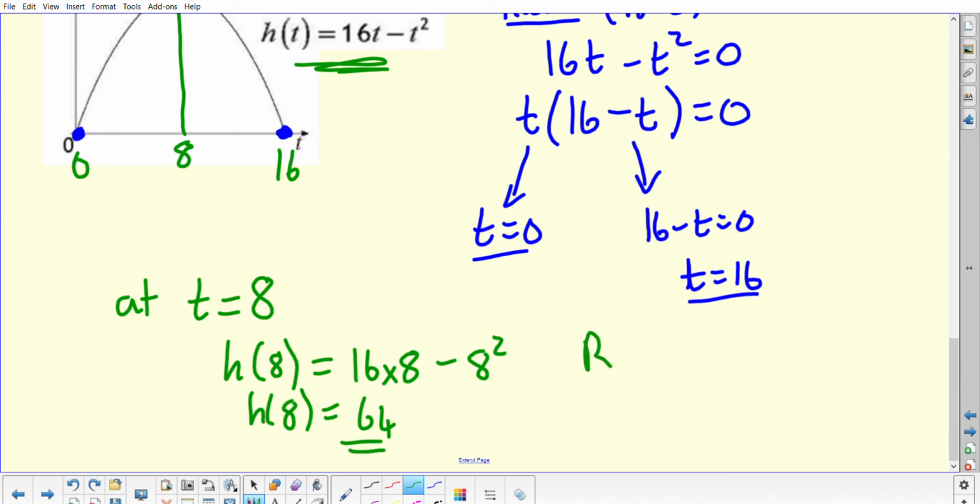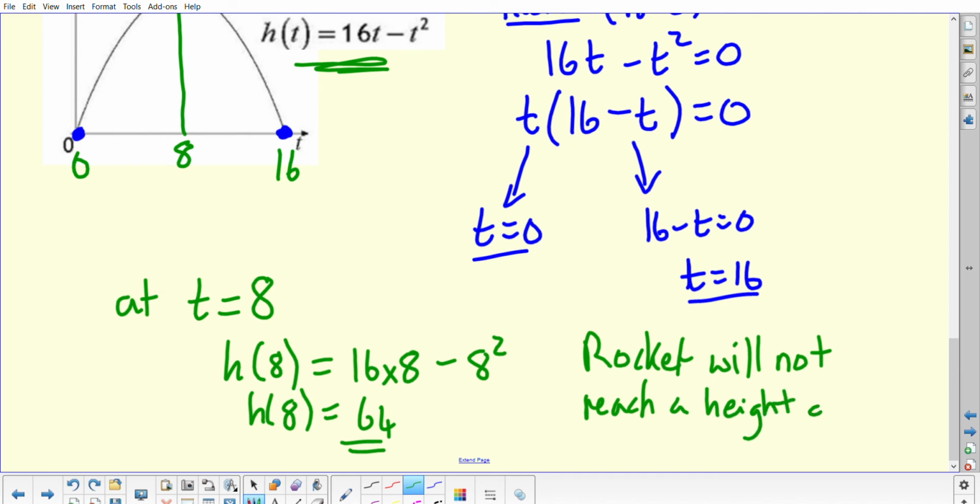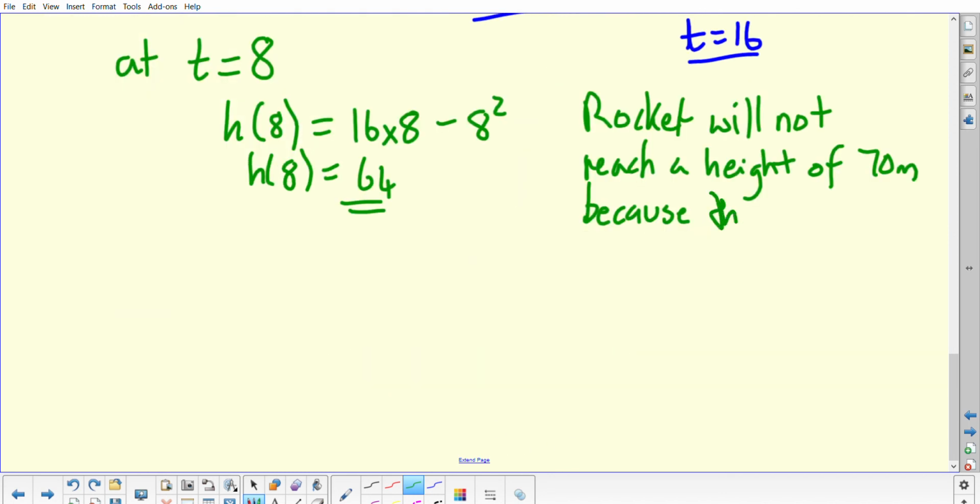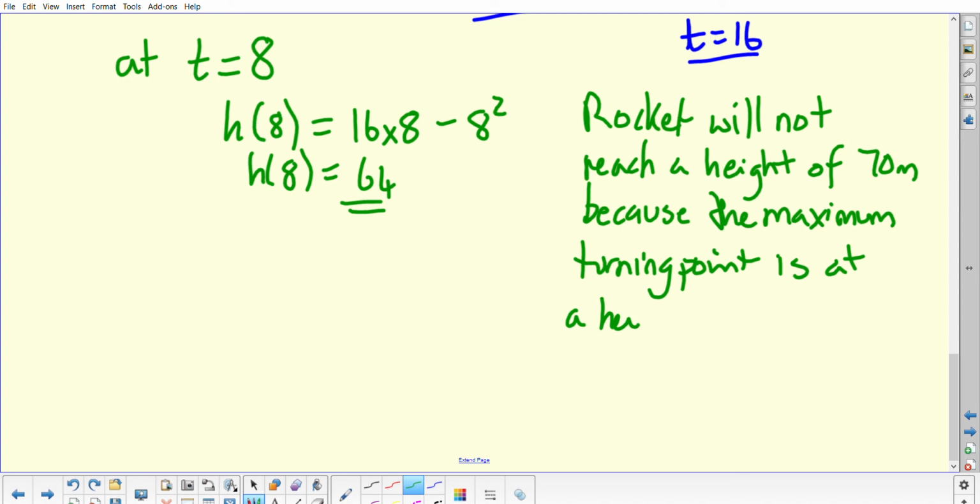The rocket will not reach a height of 70 meters because the maximum turning point is at a height of 64 meters, and that would be it.